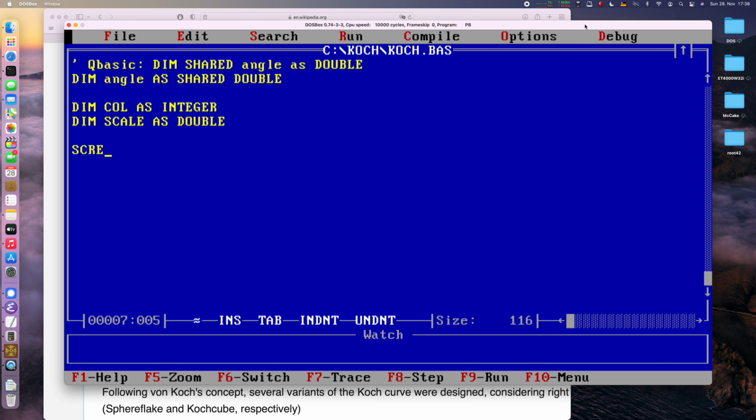Okay, first things first, we will switch to the graphics mode, and when we exit we will switch back to the text mode. Graphics mode is mode 12, which is 640 by 480, 16 colors.